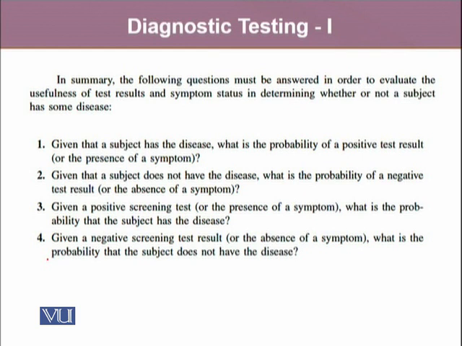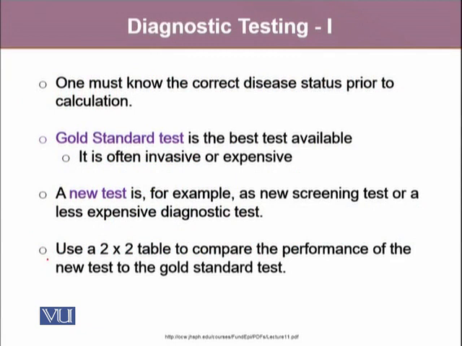The second: given that a subject does not have the disease, what is the probability of a negative test result? The third: given a positive screening test, what is the probability that the subject has the disease? And lastly, given a negative screening test result, what is the probability that the subject does not have the disease? One must know the correct disease status prior to the calculation.